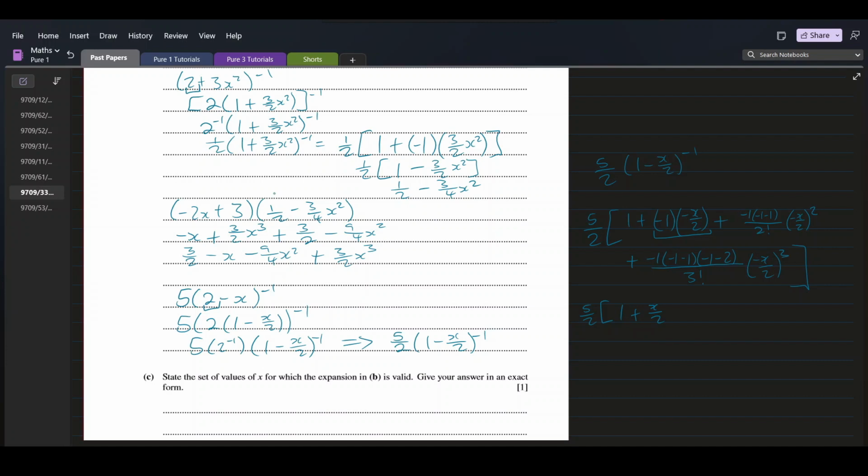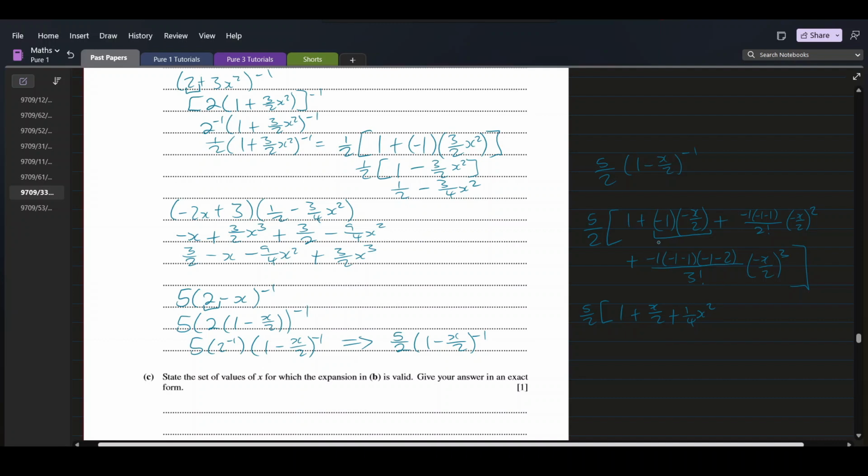And so that's a quarter x squared, plus 1 over 4x squared. And then the term in x cubed, so that's negative 1, negative 1 minus 1, negative 1 minus 2 over 3 factorial times negative 1 over 2 to the power 3, and that gives us 1 over 8 x cubed.